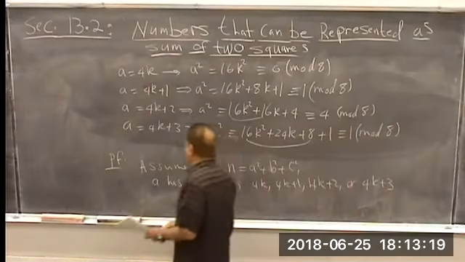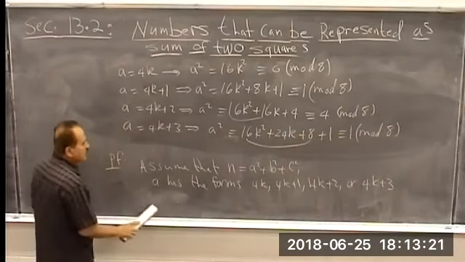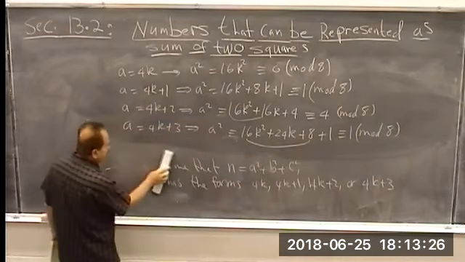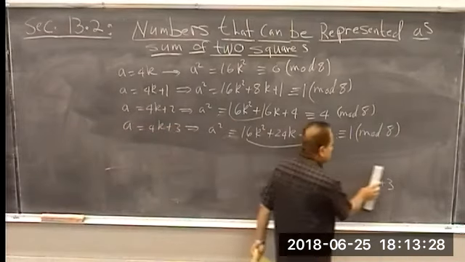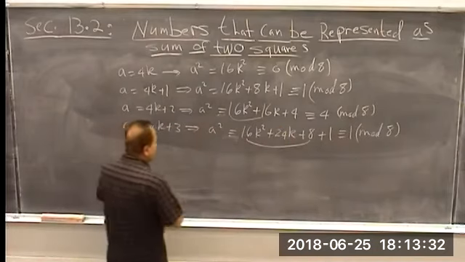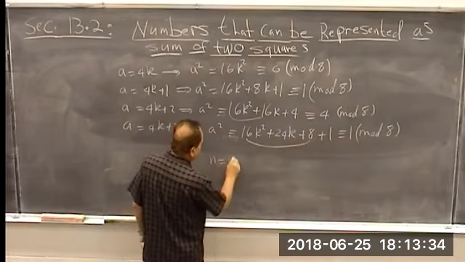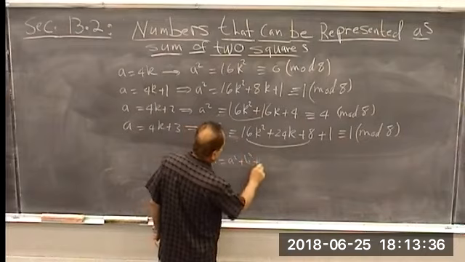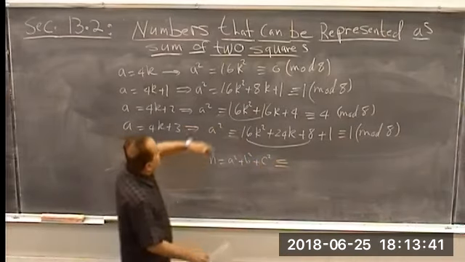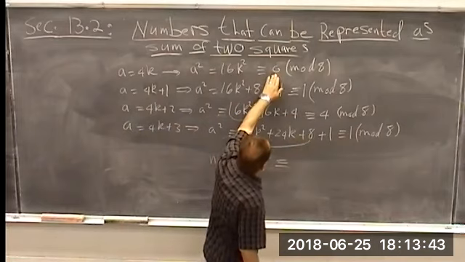Now, this is true for any integer, which is true for A, B, and C. So when we add these up, the possibilities are to consider all of them congruent to 0.